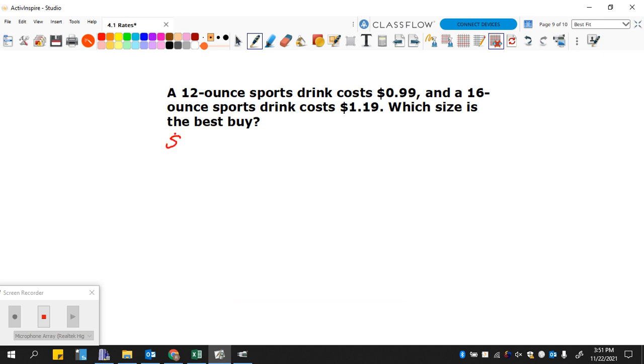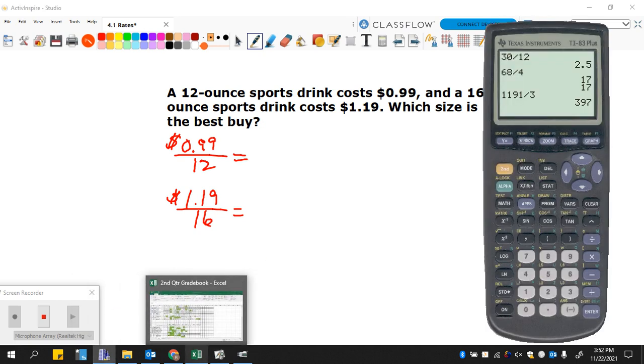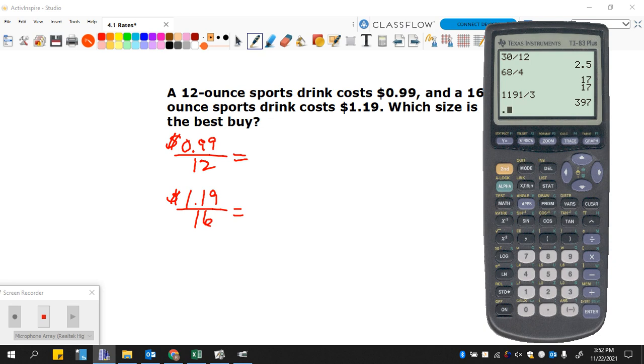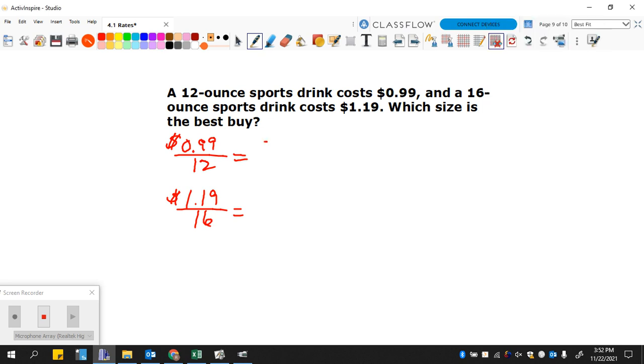So we're going to say 0.99 divided by 12, and compare that to $1.19 divided by 16, because it's a 16-ounce drink. So 0.99 divided by 12 gives 0.0825.